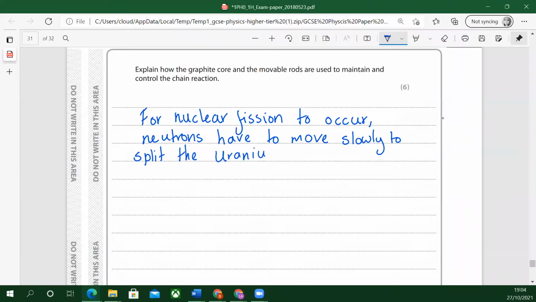So we've got a few things. We've got something called a moderator, and we've got something called control rods.